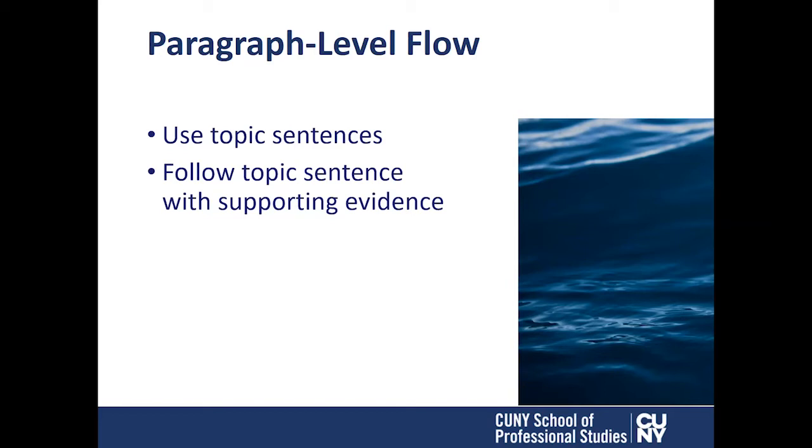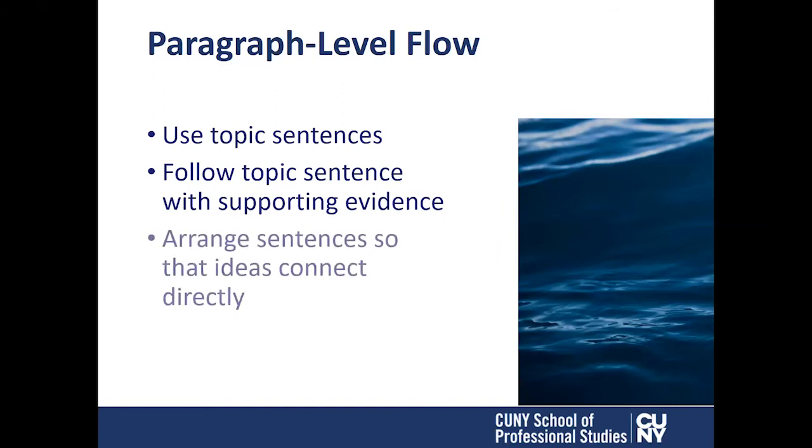And if you need to make any of your warrants, that's the assumptions connecting your evidence, followed by some sort of concluding sentence. And the evidence, that's basically making sure that the evidence connects to the topic sentences as well as the sentences that surround them. So ideas should connect directly to one another.